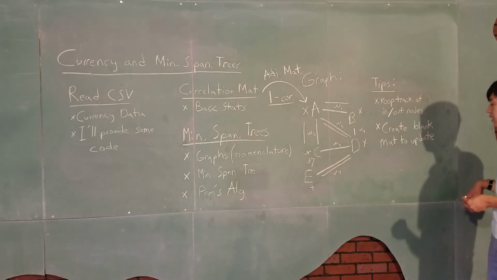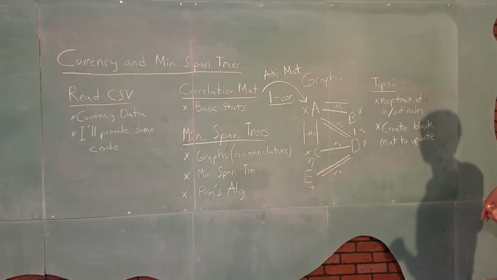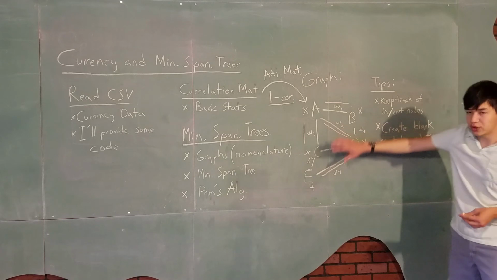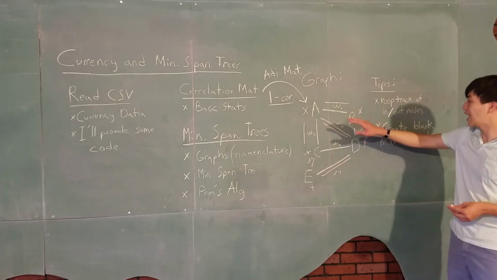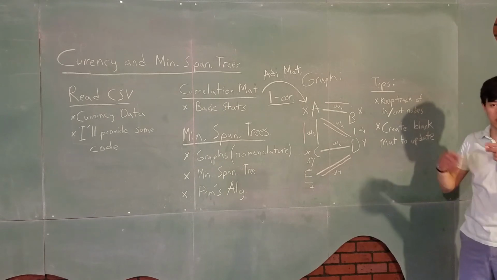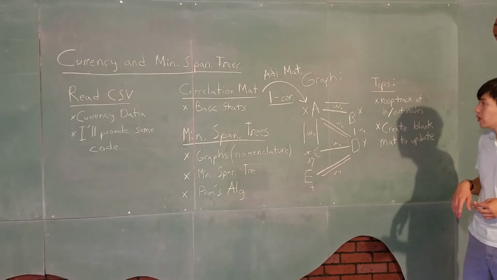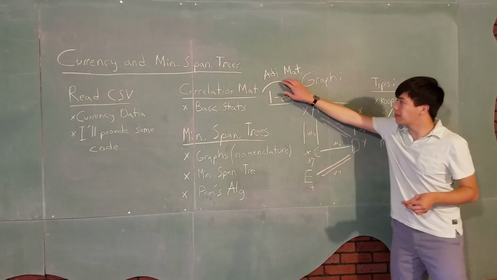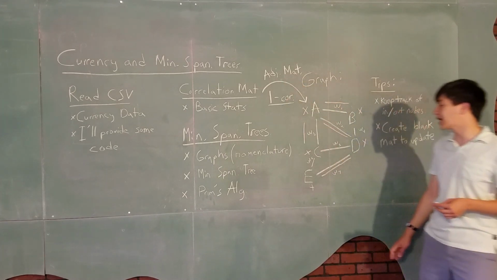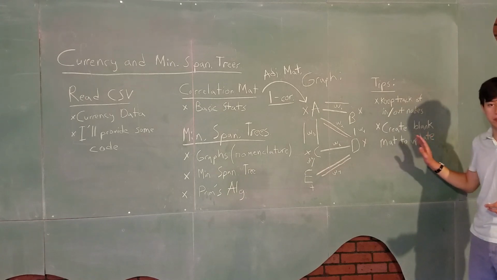And then the second thing you should keep in mind is you need to create a blank matrix to update. So you're going to be doing Prim's algorithm, right? And you're slowly going to be adding nodes that are red X and then nodes that aren't red X, and you're going to be doing all these manipulations. Well, you want to make sure to not manipulate your original adjacency matrix. Anything that you want to add needs to be added to separate blank matrices.